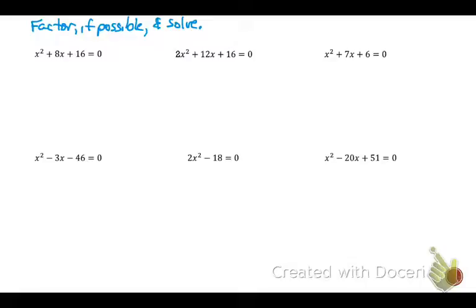So I notice that this one is a level 1. I notice my A, B, and C values. I want 2 numbers that will multiply to give me C, or A times C, and combine to give me my B value. So I think of factors of 16. 1 and 16, 2 and 8, 4 and 4.